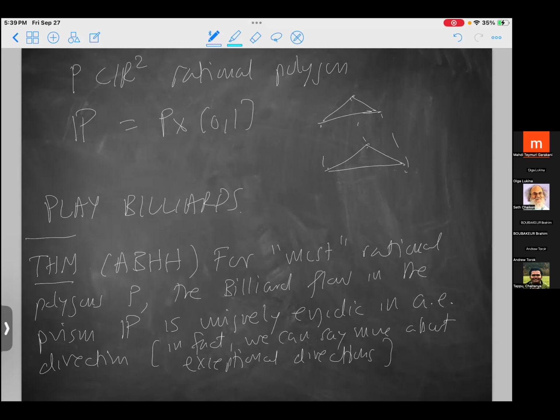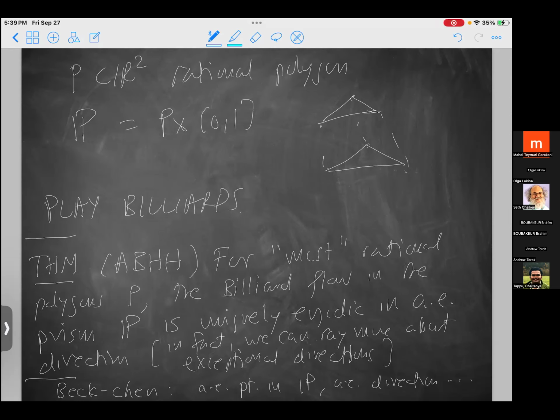This builds on a previous result of Beck and Chen, which says that if you take almost every point in P and almost every direction, you get equidistribution of the trajectory. So the billiard trajectory spends the right amount of time in each subset of the polyhedron. Ours strengthens this and says it doesn't matter where you start, it only matters what direction you go in.